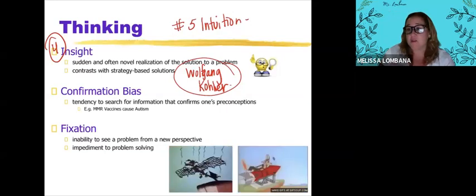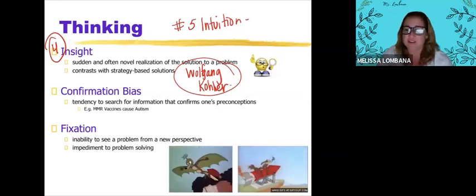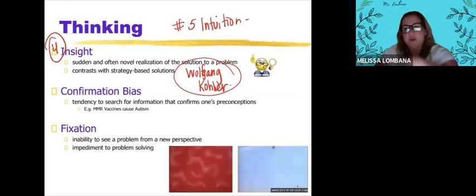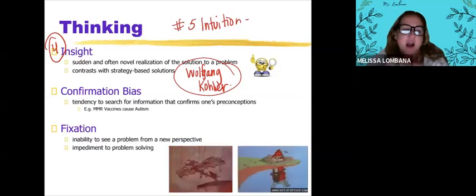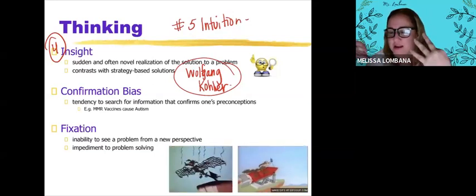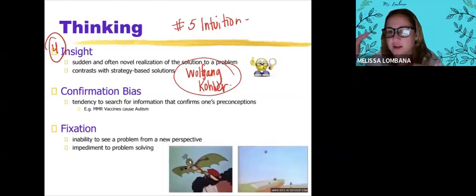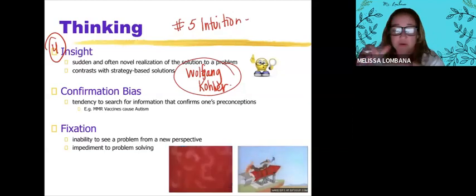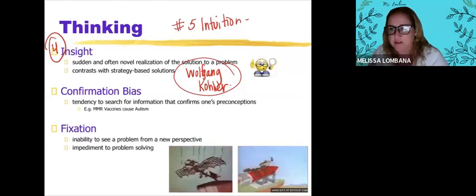Now, there's been a lot of research recently about intuition. And what they're saying, which is really interesting, and going back to our thoughts, is that when we are faced with a problem, our brain is unconsciously trying to solve it. And you know how I always tell you, your brain is always looking for patterns.